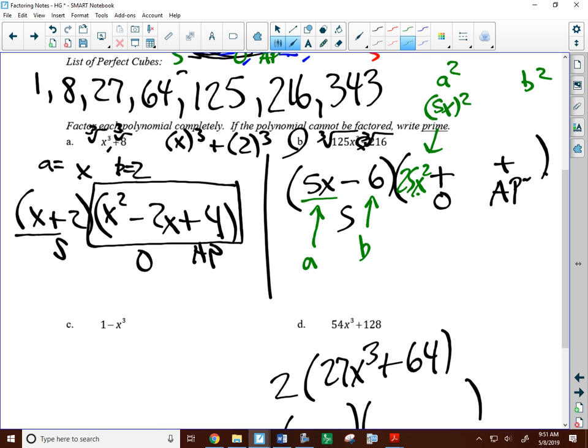Because the x is still squared. Then this one over here is 6 squared, which is 36. So I squared the sides, 5x squared and 6 squared. And in the middle it's AB. So I multiply 5x and 6. 30x. And that's it.